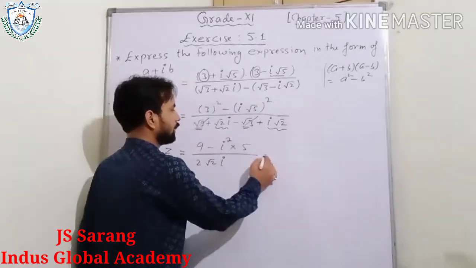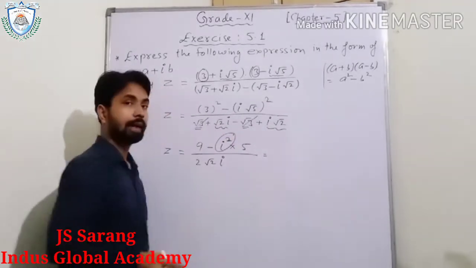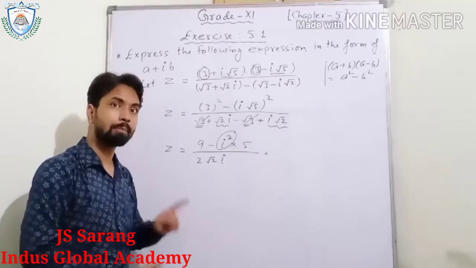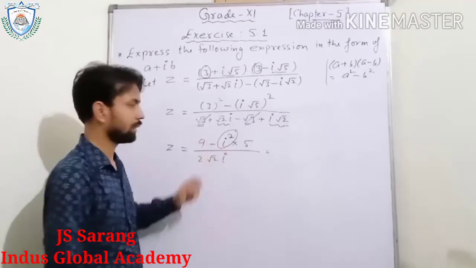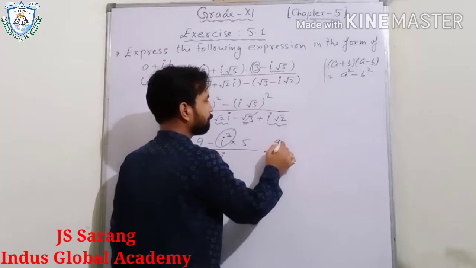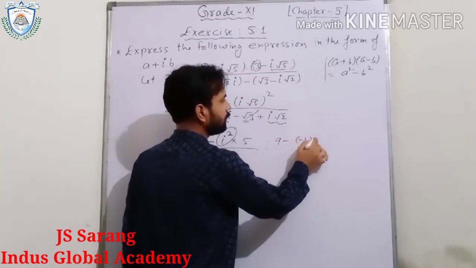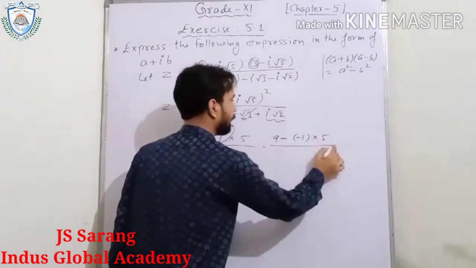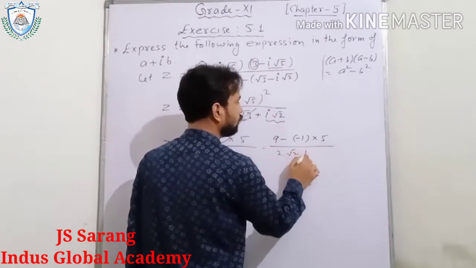Now see this i square. I told you, wherever i square is there, we have to substitute minus 1 in place of i square. So 9 minus 1 into 5, in place of i square I put minus 1, upon 2 under root 2i.